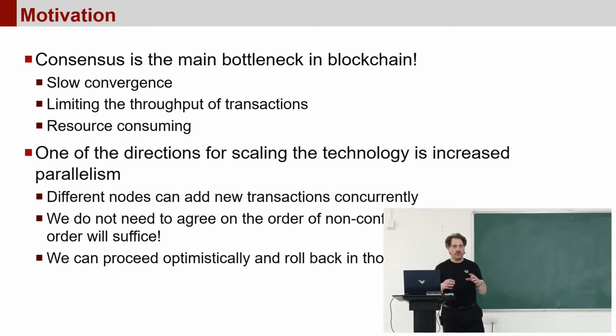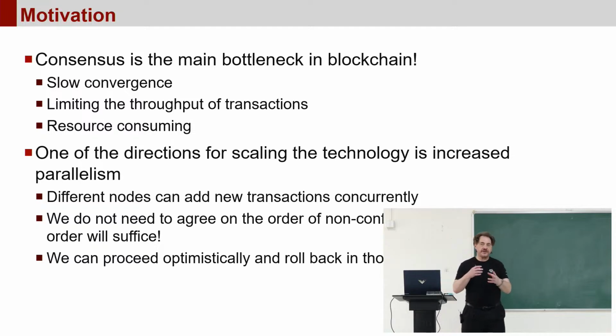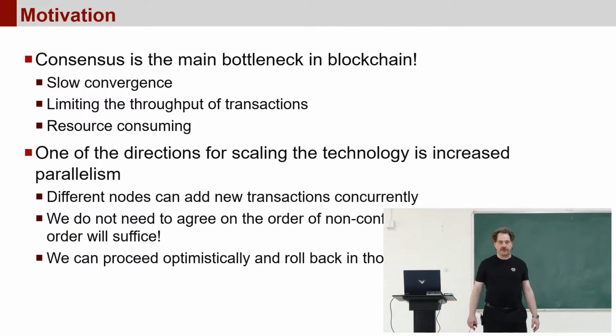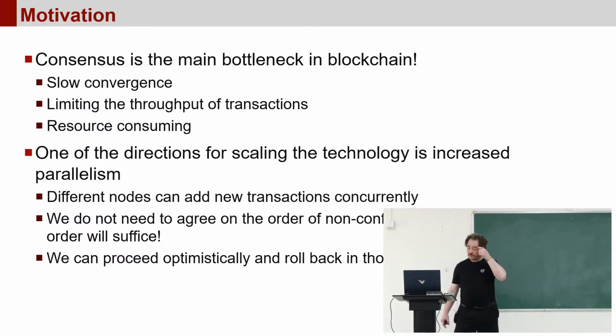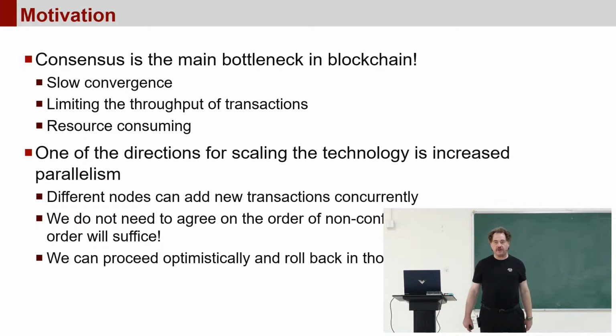So we only need some partial order, partial dependency between transactions. And furthermore, we can proceed optimistically and roll back in those rare cases with conflicts. Therefore, we could increase the level of parallelism.